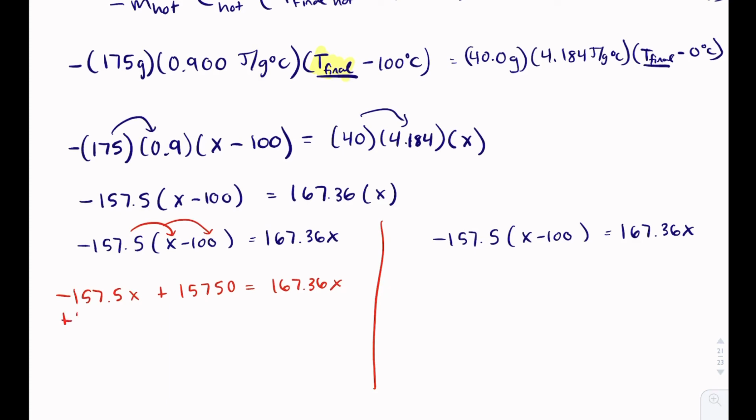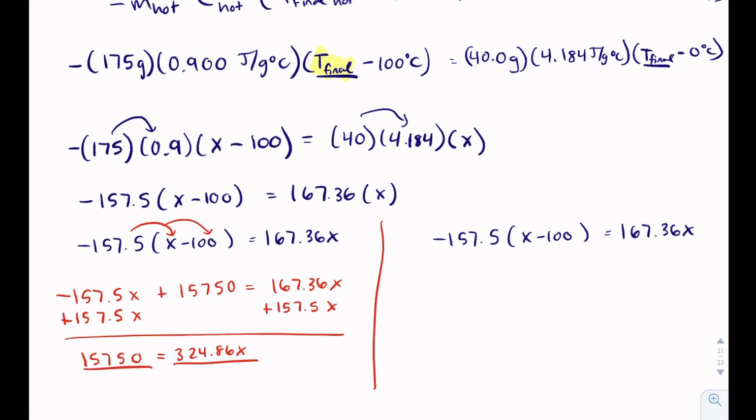We will combine like terms, 157.5x, and we get 15750 equals 324.86x. We will divide to isolate our x by 324.86. And x actually ends up being 48.48 degrees Celsius.